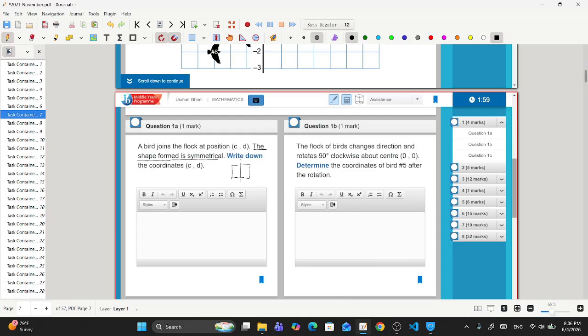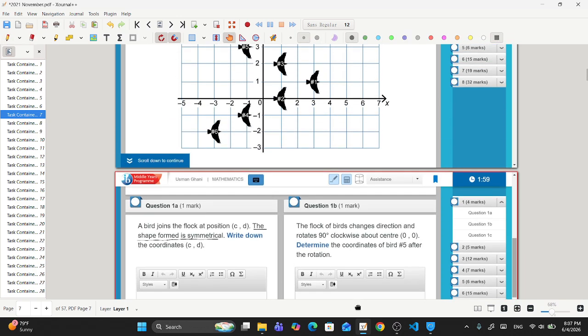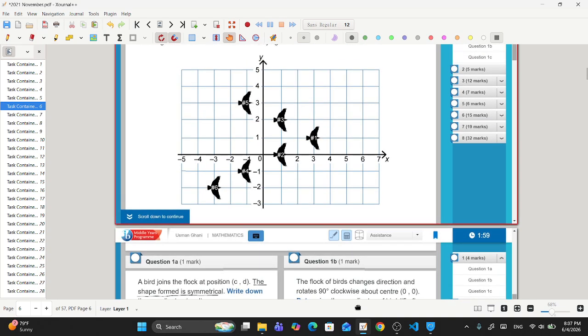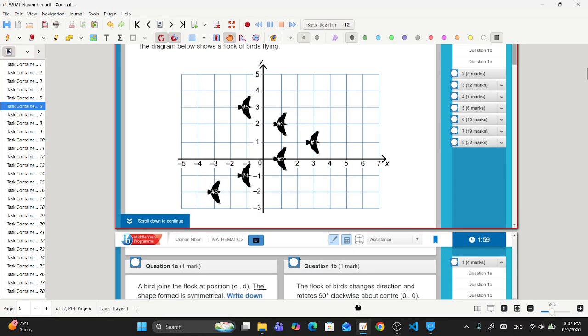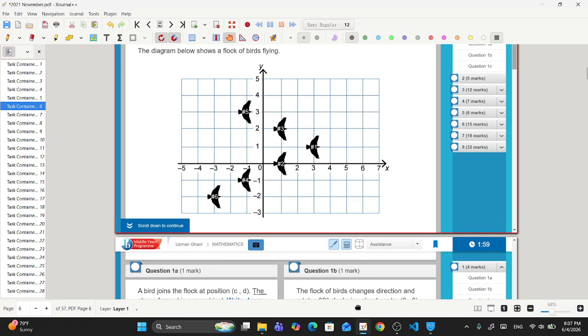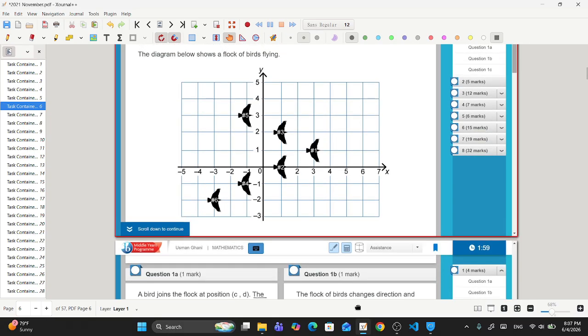So I have to ensure that it is symmetrical in shape completely. What does that mean? I have to find the coordinate where the position is going to be completely overlapping.